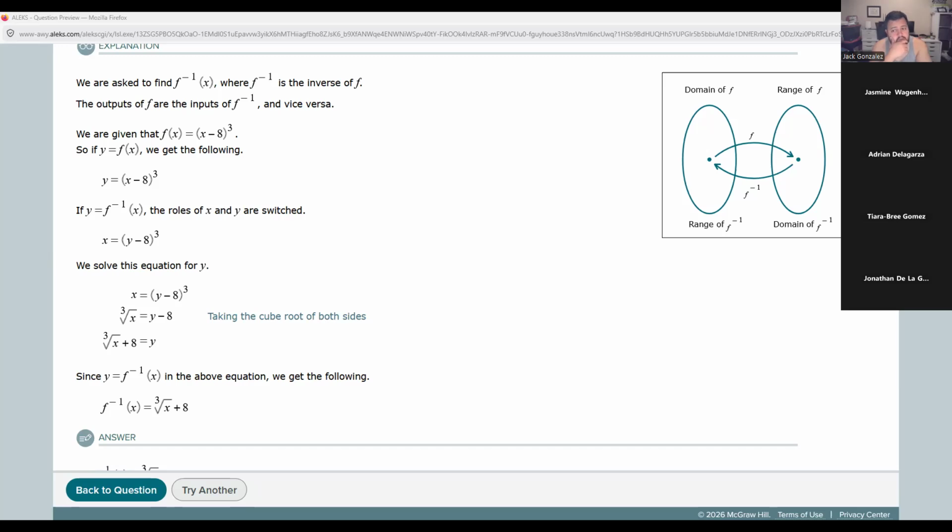Also, do you remember the definitions and the main idea? f sends an input to the range, right? It takes a value in the domain, sends it to the range. The inverse sends it from the range back to the domain. It undoes whatever f did. f does something, f inverse undoes it. Is that idea okay?